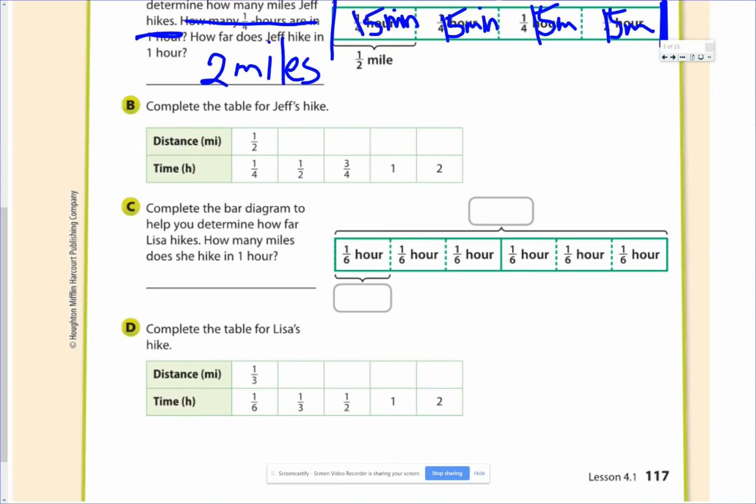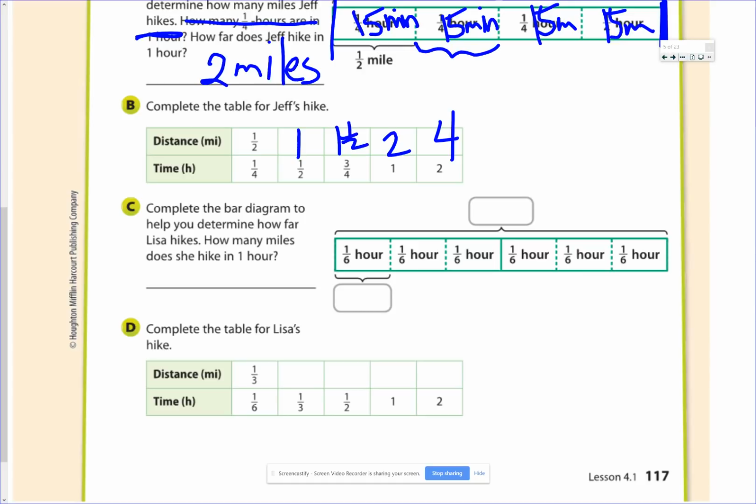Now it said complete this table for Jeff's hike. Well, he went a half mile here, and then another half a mile here, and if we start adding, that gives me 1. Then I'll have 1.5. Then we have 2. Now after 2 whole hours, he should go twice as far, or 4 miles.